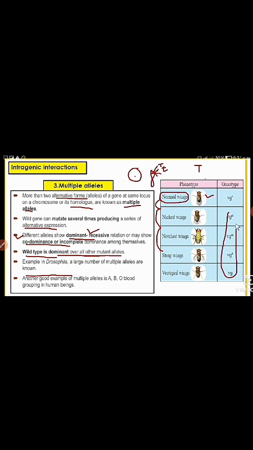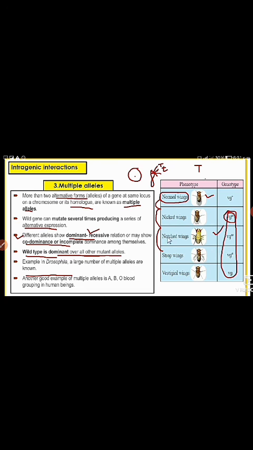The dominant character, normal wings, is the wild type, which in the colony is called the dominant type, and the others are not expressed in it. It is denoted by Vg plus. Normal wings are expressed by Vg plus.